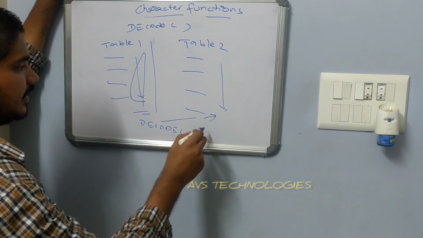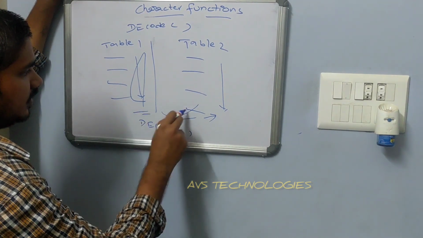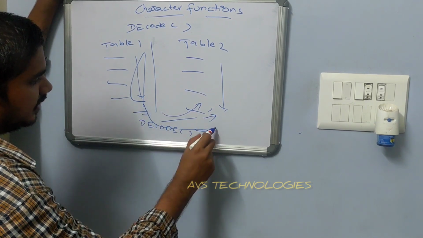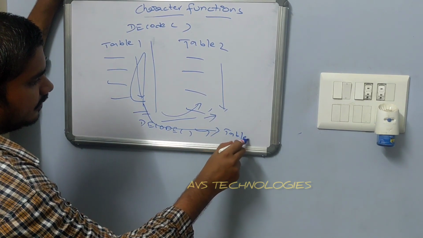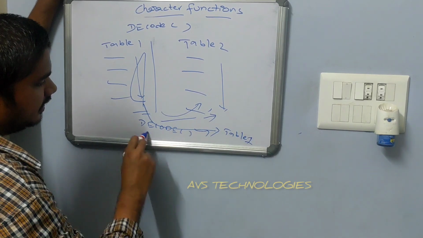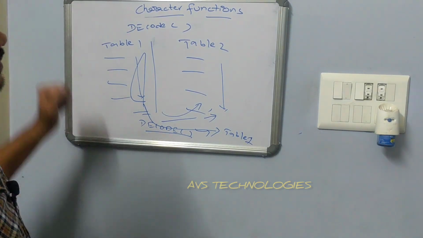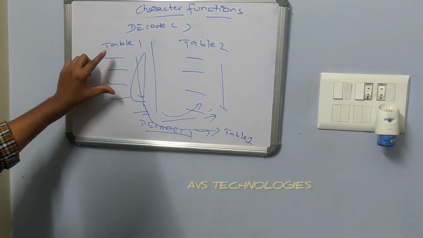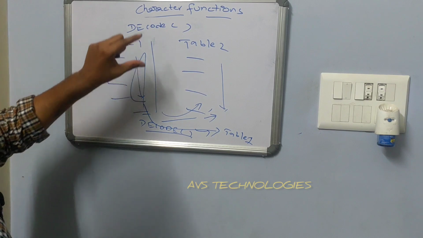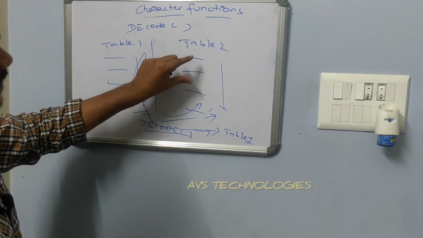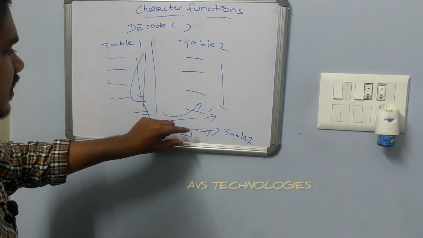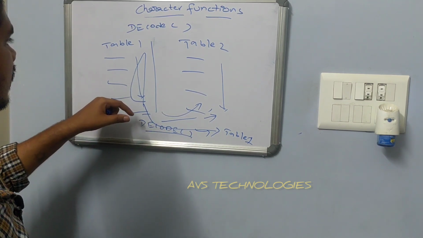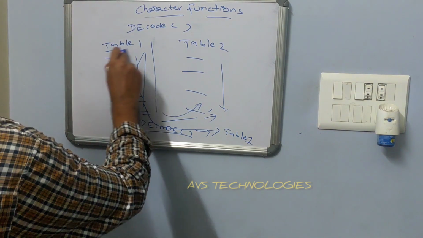If the data in table 1 is the same in table 2, it will return the table 1 expression only. This is the decode expression. Whatever data is in table 1, it checks in table 2, and it prints the data of table 1 only, without duplicates.